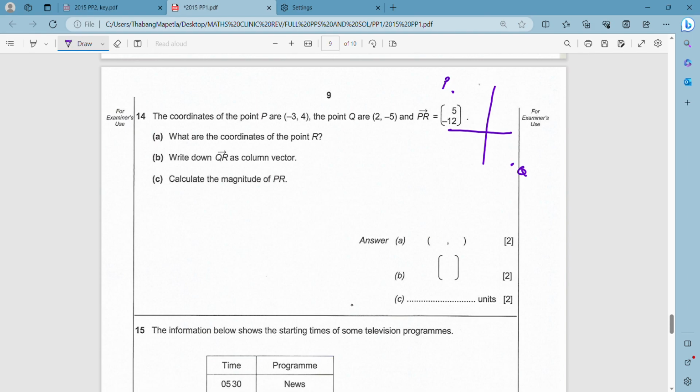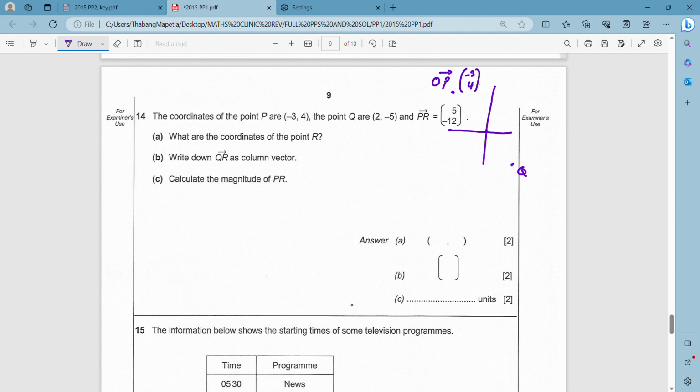And then now they are giving you a summary. They are saying that PR is equal to 5, -12. But remember that from the origin O to P, this gives you a column vector OP. We convert it to vectors. This column vector OP is going to be -3, 4.